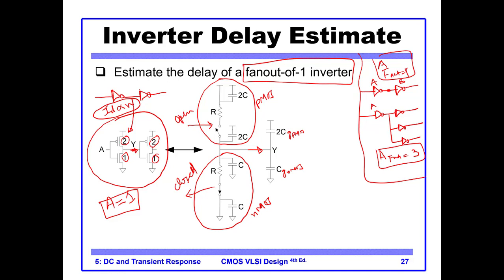When A is equal to 1, what happens is that our NMOS closes and our PMOS is open. So that's the equivalent circuit when our input is 1.